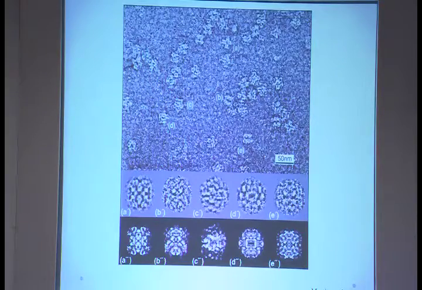So again, it depends. In order to identify the point group of your molecule, it is necessary to have images which do not have too much noise. From the class averages, it is possible to understand what type of symmetry is there.